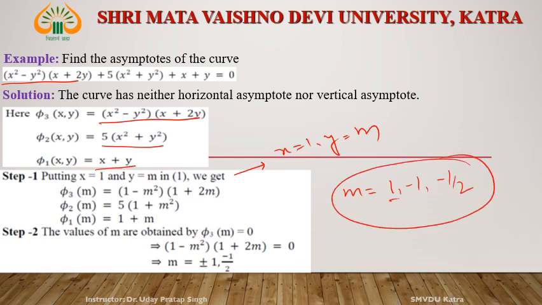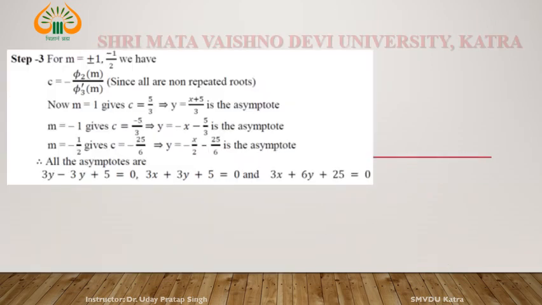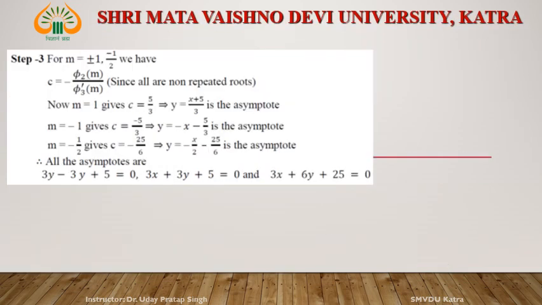All are distinct. Okay. Now c can be written as minus phi 2m divided by phi 3 dash m, right? And putting m is equal to 1, minus 1, minus 1 by 2 respectively, we find c. See, phi 2m, phi 3m, phi 3 dash m.